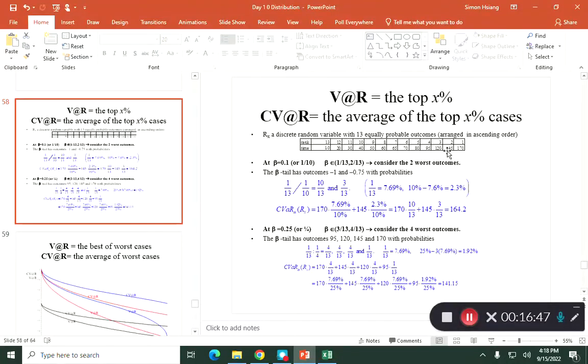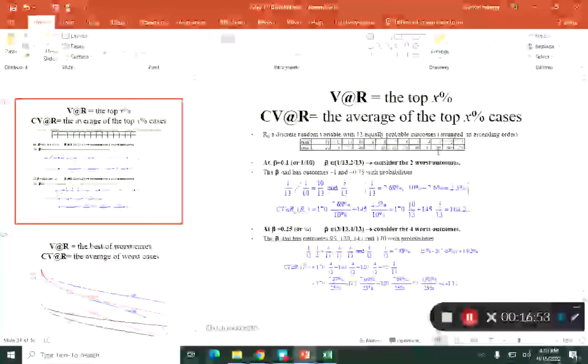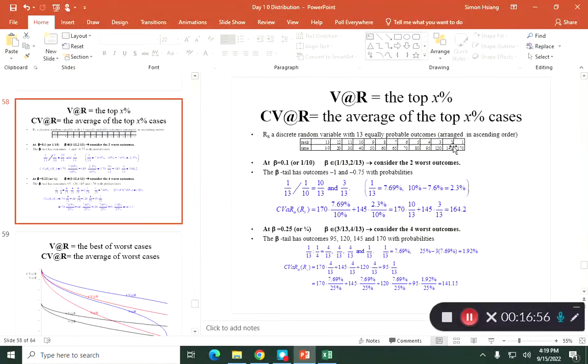If it's 145, that's 7.69 times 2. So I am somewhere in between the last 2. Where am I? Is 164.2 a little closer to 170, because I only used up a little bit.